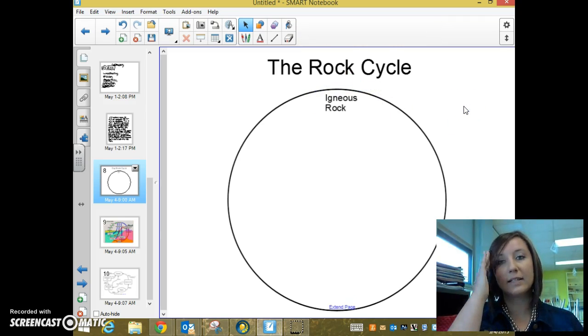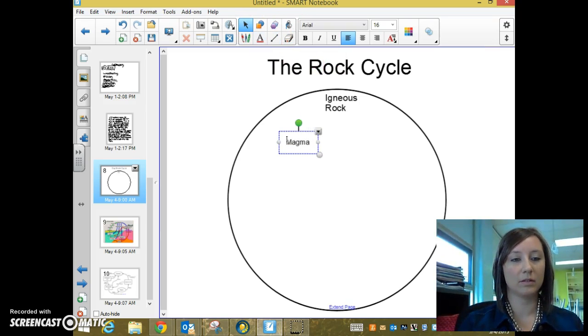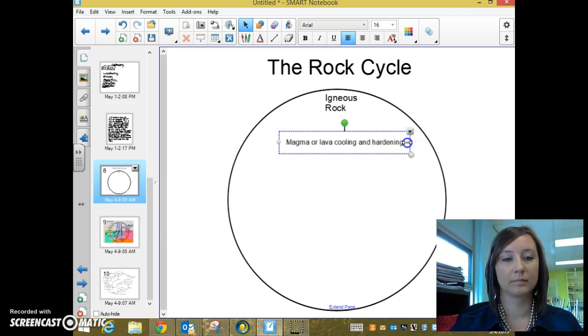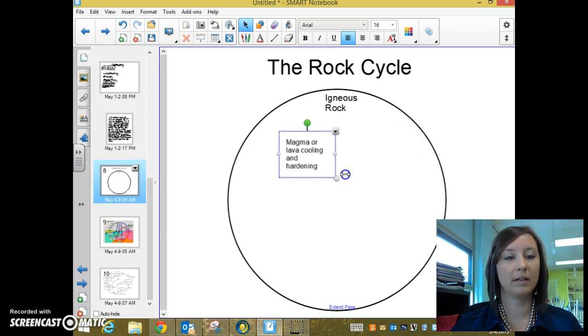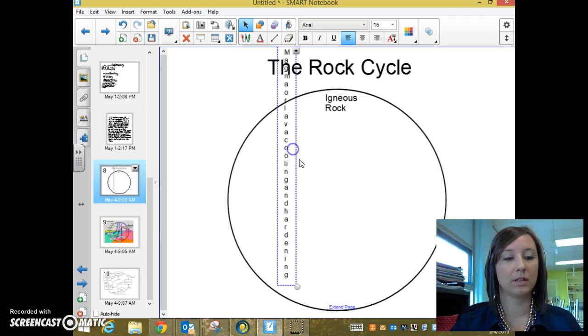Now, before we get to igneous rock, we have to think about how does igneous rock form. So you should be thinking that igneous rock forms from magma or lava cooling and hardening. So kind of shrink that up a little bit here. Okay, Smart Notebook isn't really wanting to work today.